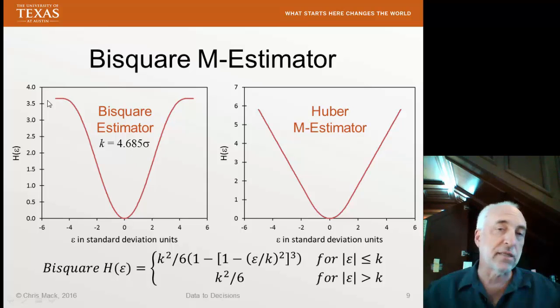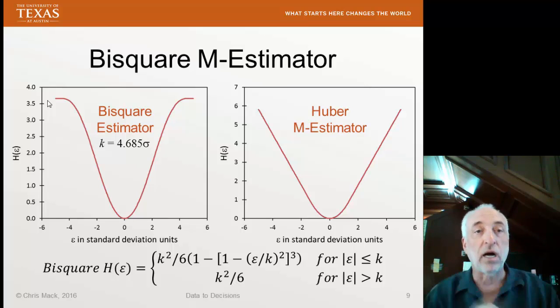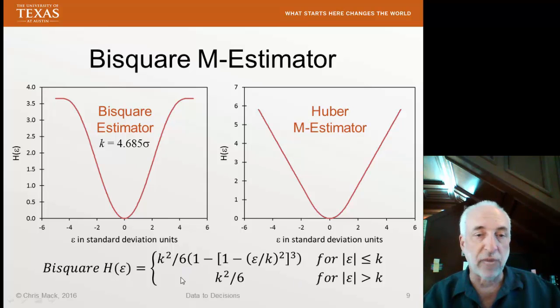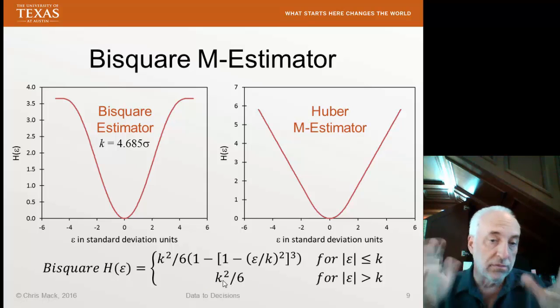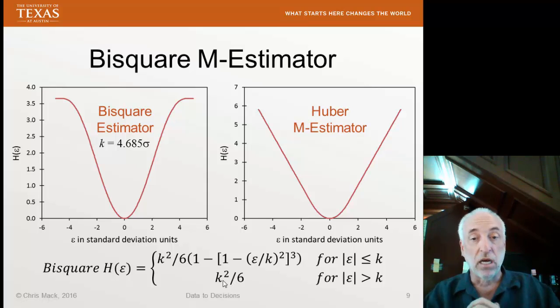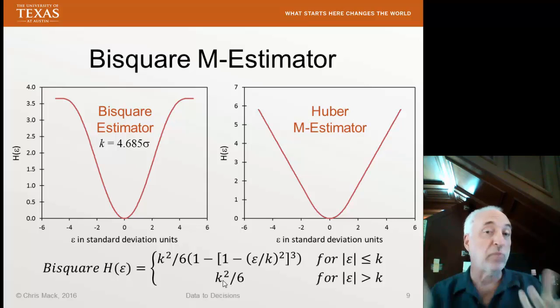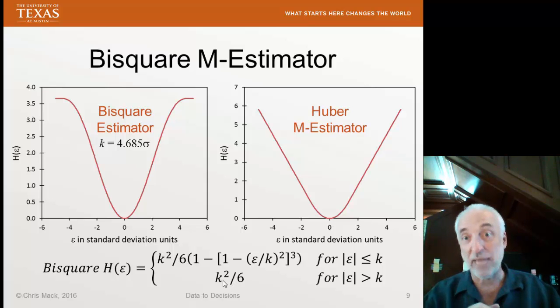So if I'm 20 standard deviations away or 50 or 100 standard deviations away, I don't increase the weighting at all. It levels off. Here's in fact the equation for that bisquare estimator. And you can see that for large residuals, I add the same value to my sum of errors, S, so that 10 standard deviations away or 100 standard deviations away, I penalize the function for that data point the same amount.